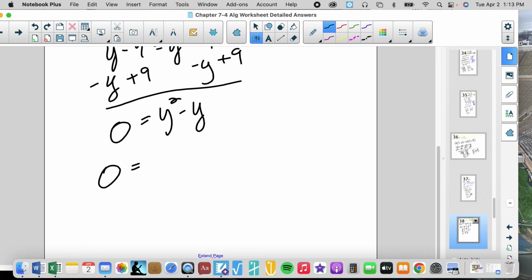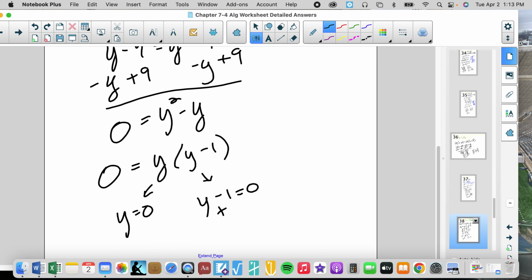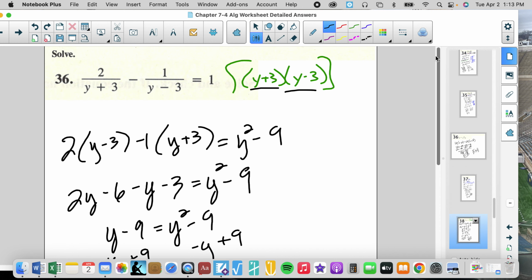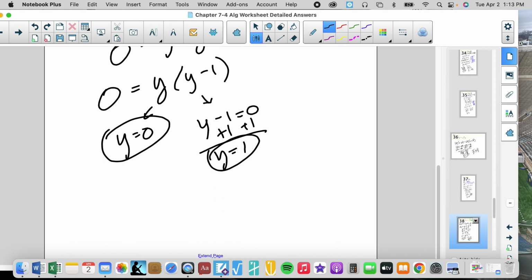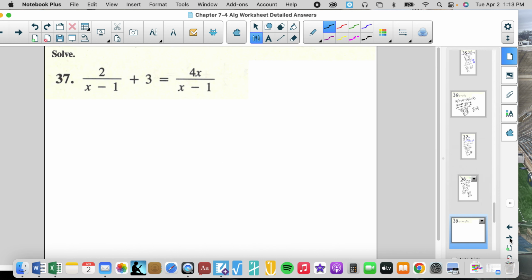Factor out a y. You get y minus 1. Set each one equal to 0. Add 1, y equals 1. So we get 0 and 1. Do either of them make 0 in the denominator? Nope. So my solution is 0, 1. I have 2 solutions for this problem.